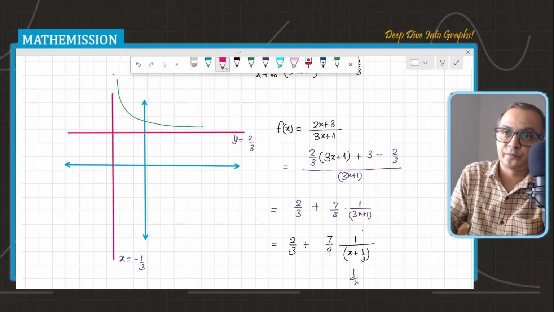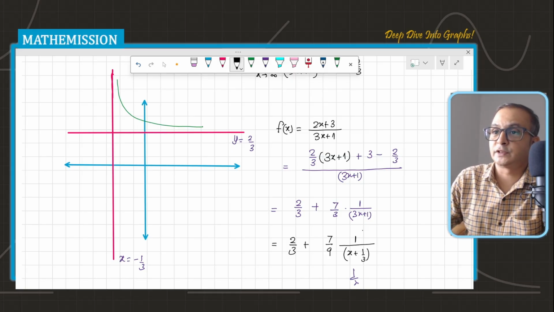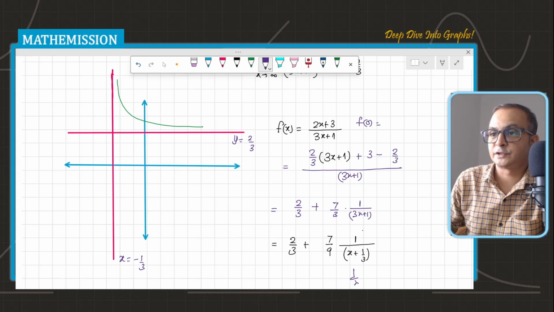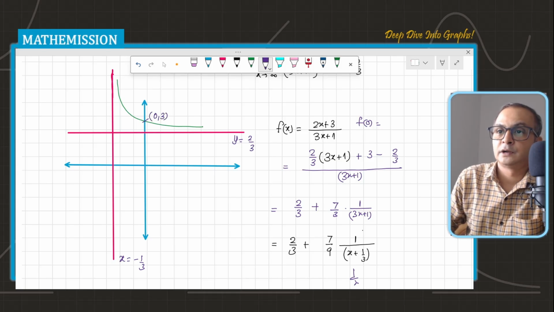In this way, we do this part. Also, we take care of where it is intersecting the y-axis. For that, put 0 there. So what is f(0)? f(0) is 3/1, that is 3. So this point I will mark (0, 3). And this is our graph, this part.